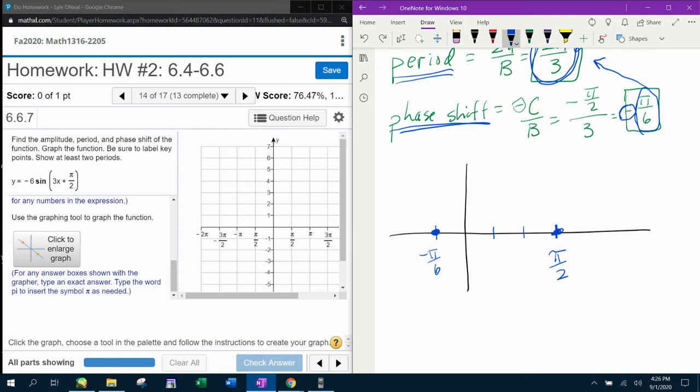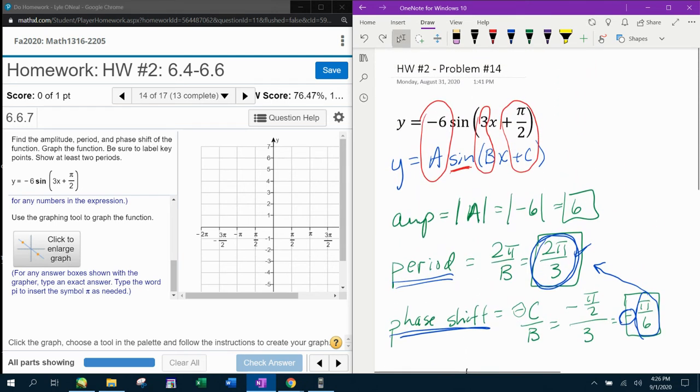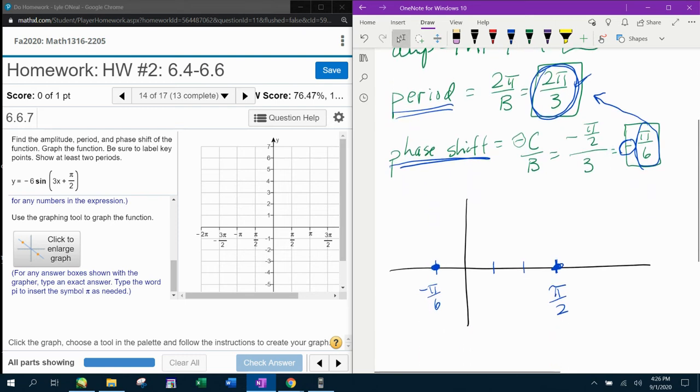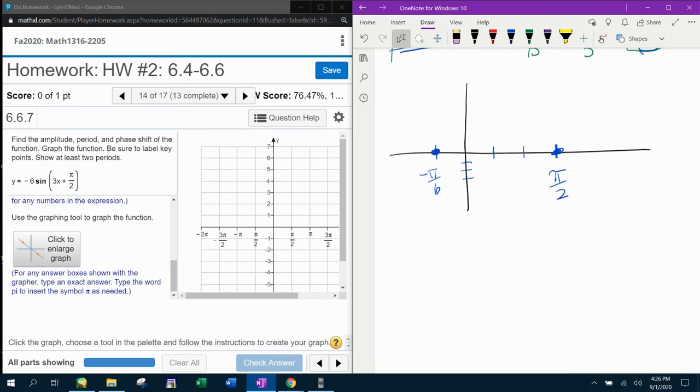Step number 5 says lay out your points. If we go back and look at the original problem, we see that the coefficient of the trig function was negative. So that means at my first hash mark, I'm going to have to be at -6.